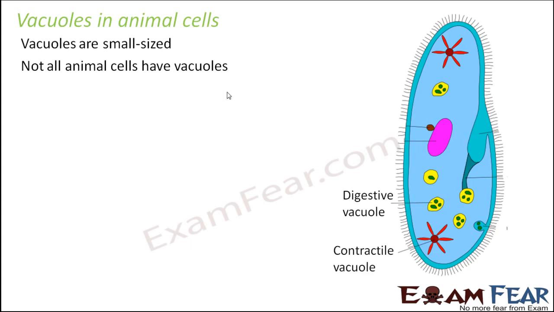So, look at paramecium, which is an animal cell where you see vacuoles. Now, this is a digestive vacuole. Again, this is a contractile vacuole. So each of these vacuoles has a different purpose. For example, the digestive vacuole helps in digestion of food, whereas the contractile vacuole helps in excretion of the waste materials from the body. So vacuoles can perform a variety of functions.